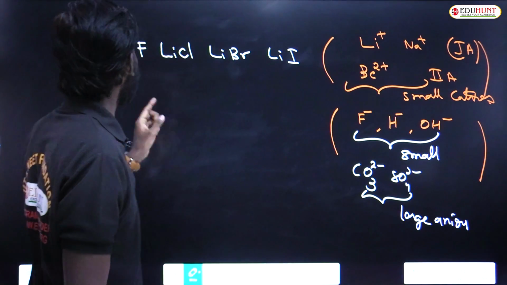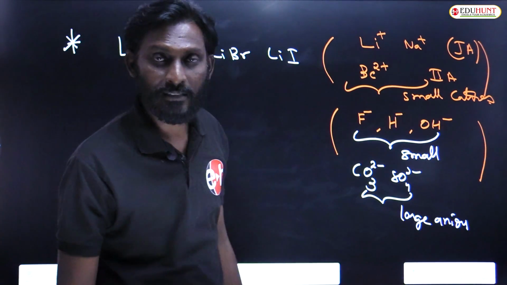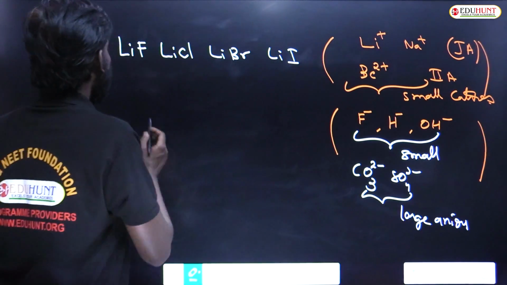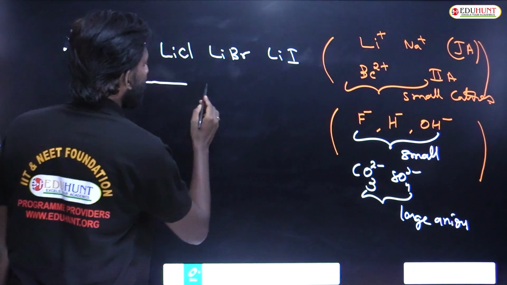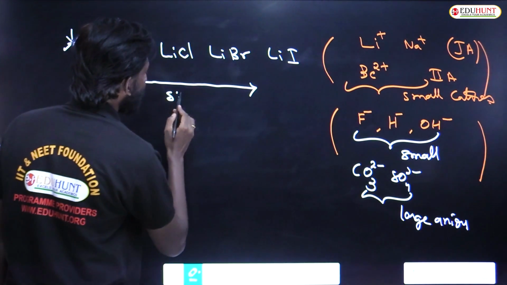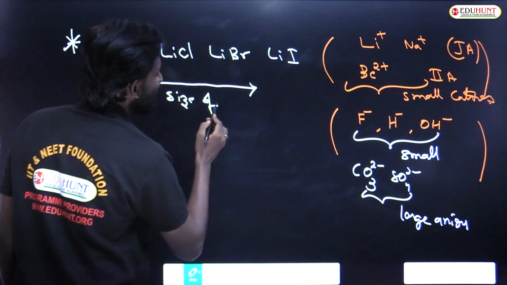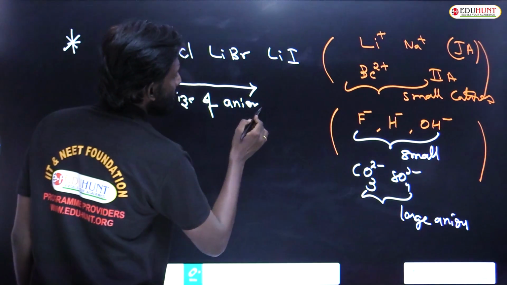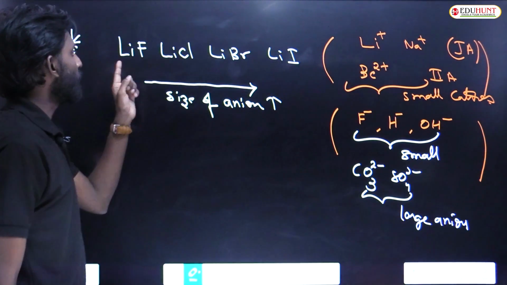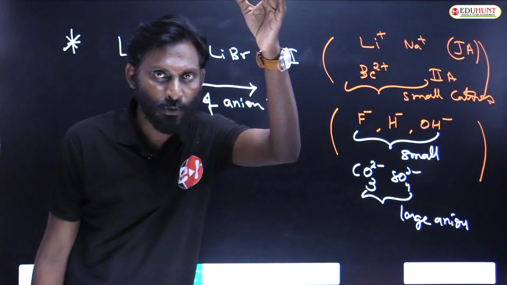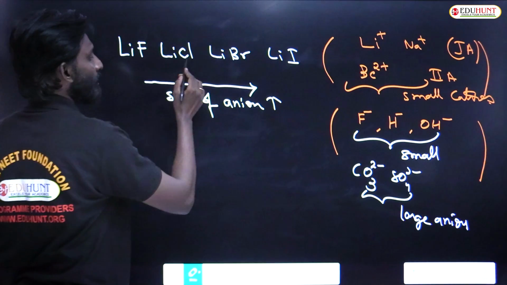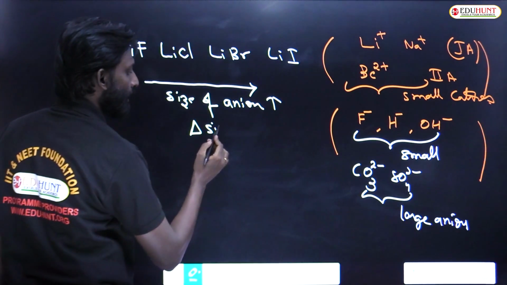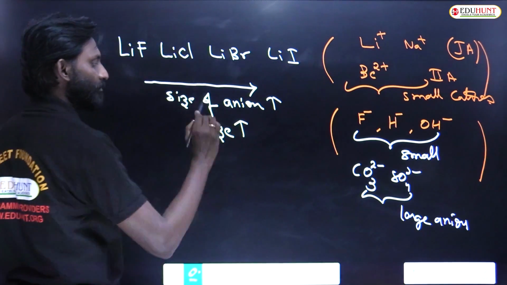Now the cation is small. As you move in this direction, F minus, size of anion is increasing, because fluorine, chlorine, bromine, iodine, in a group top to bottom size increases. So in this direction, the difference in size is increasing.